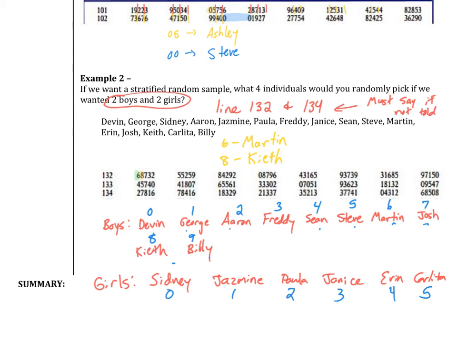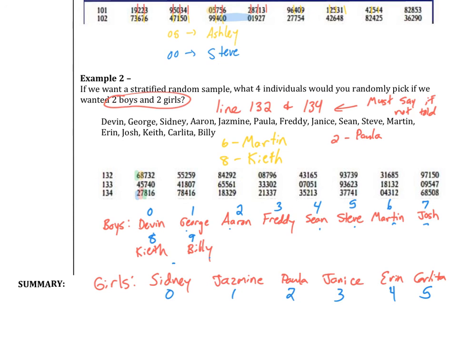And then for line 134, the first one is 2. The second one is 7. So 2 would be Paula. Who's number 7 for the girls? If you look, there is no number 7 for the girls, so we have to keep going. So we did 2, we did 7, we did 8.